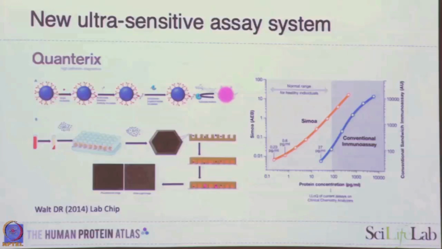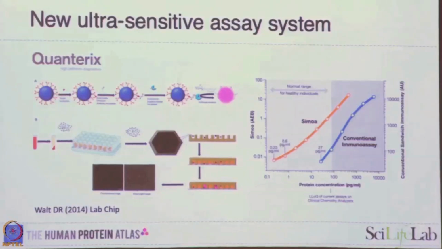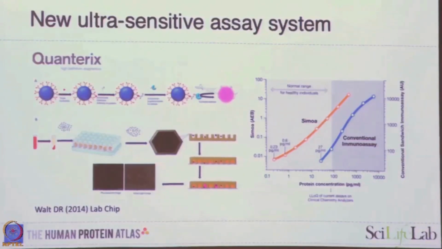And Quanterix is basically also a bead-based ELISA or a bead-based immunoassay system, just like Luminex. But they have a different way of readout, in that they use an enzyme to create chemofluorescence, and they also have a different mode of counting their detection, meaning that instead of measuring the sum of all signals obtained, they do what they call digital counting.